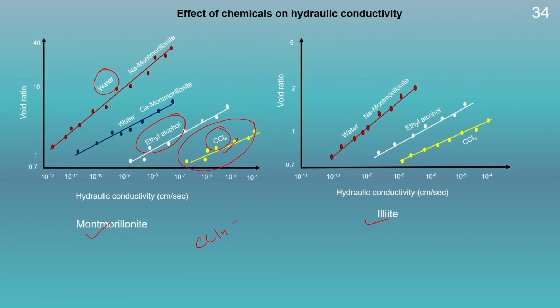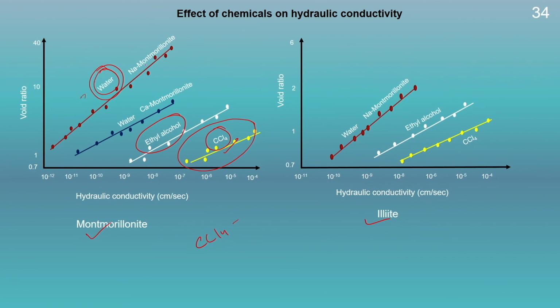But on the other hand, for a soil sample with water, which has a higher value of the dielectric constant, the diffuse double layer thickness will be quite large and therefore, the hydraulic conductivity will be very less.